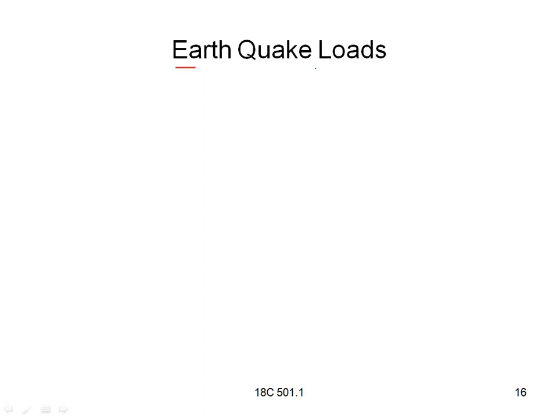Next is earthquake loads. These are the loads the structure must resist when an earthquake comes. We don't know whether or when an earthquake will come, but we have to take earthquake loads also.